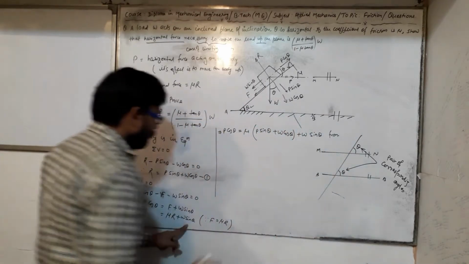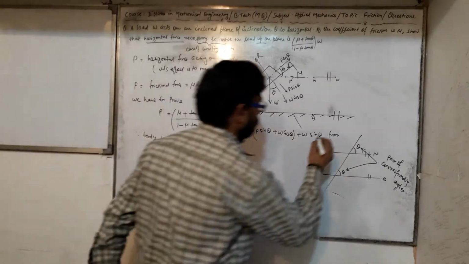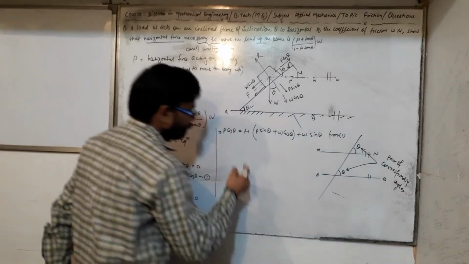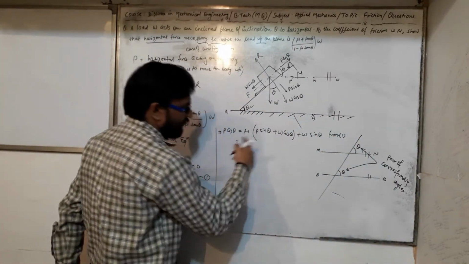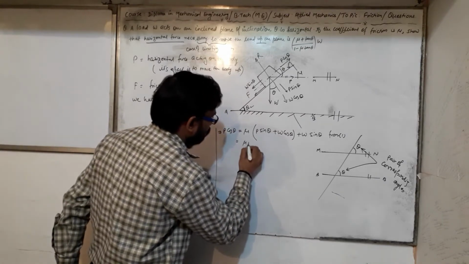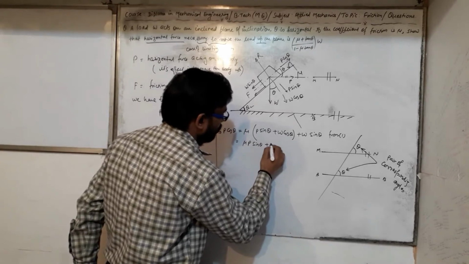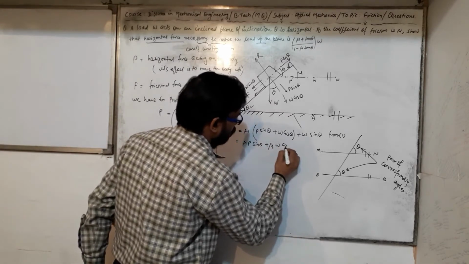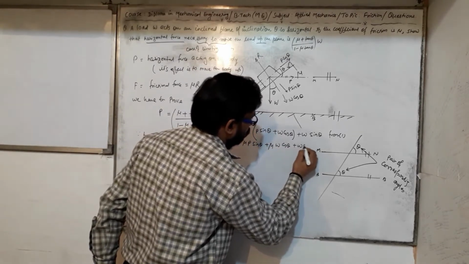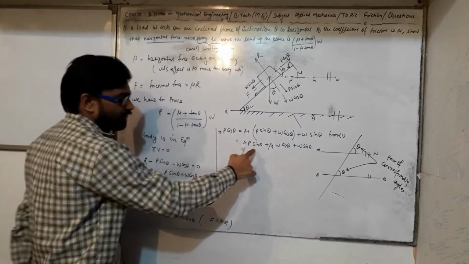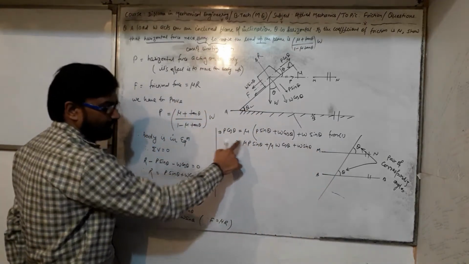I am taking the R value from equation 1. While simplifying, mu times P sin theta plus mu times W cos theta plus W sin theta. Transposing this P term to the left hand side.